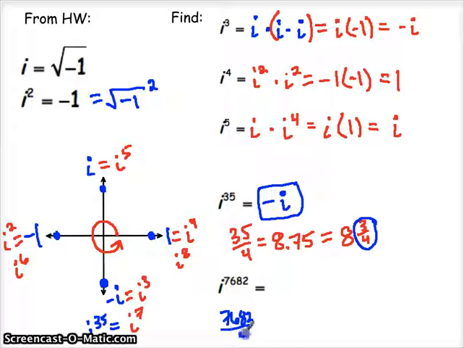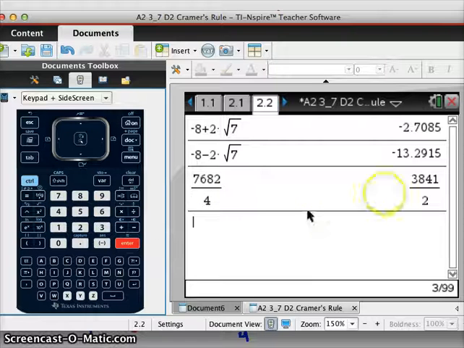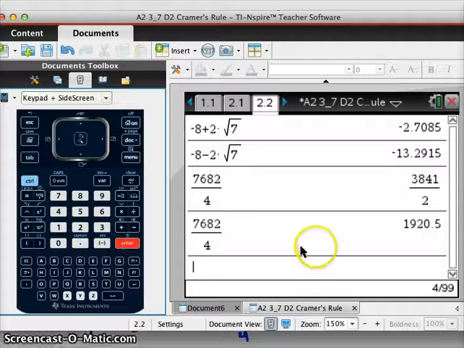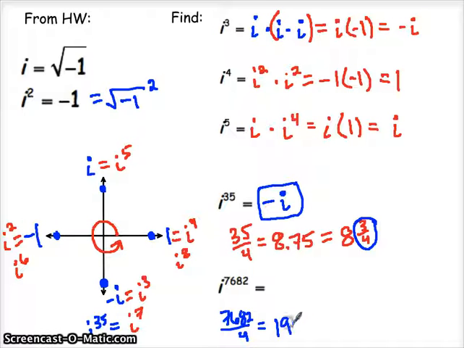7,682. Notice it's already even, so I expect to get either -1 or 1 of those even powers of i. But if we take a good look at it, let's jump on our calculator real quick. 7682 divided by 4 is going to give us, and we better go ahead and press Control Enter to get our nice decimal, 1,920 and a half. 1,920 and 1/2.